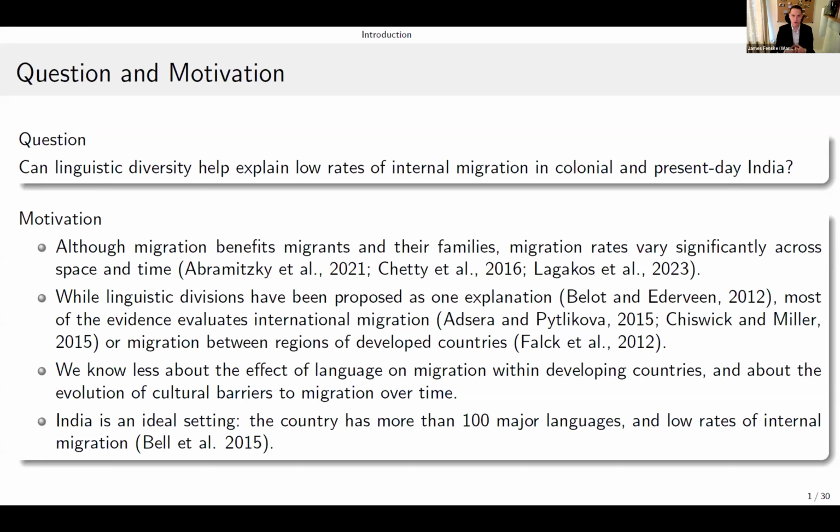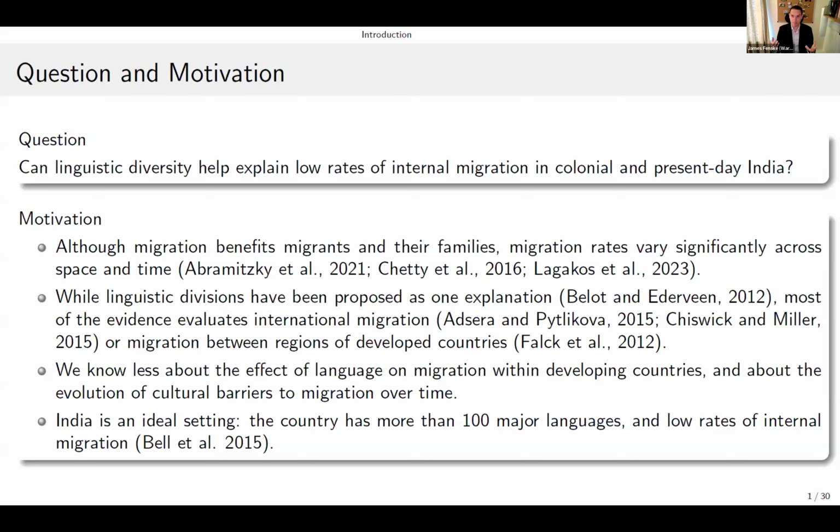Now, because transportation systems and communication systems and the education systems might be better in many developed countries, perhaps we're understating the degree to which language is a barrier to migration by disproportionately focusing on rich countries.